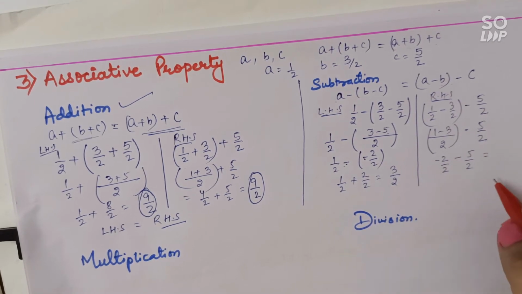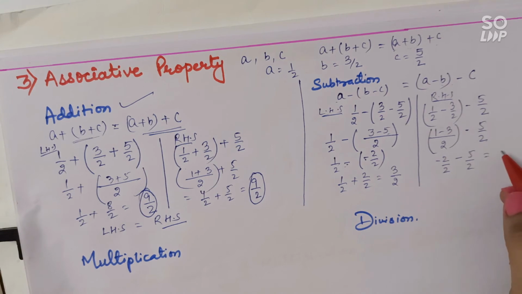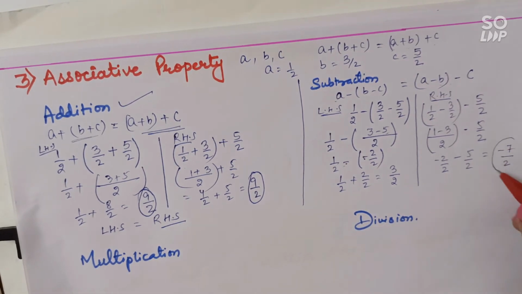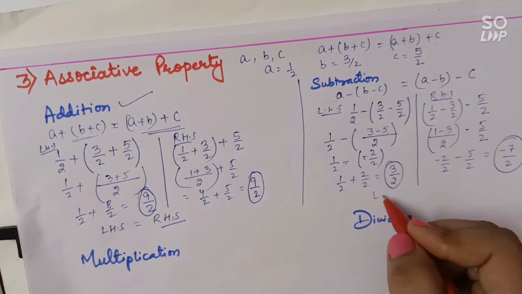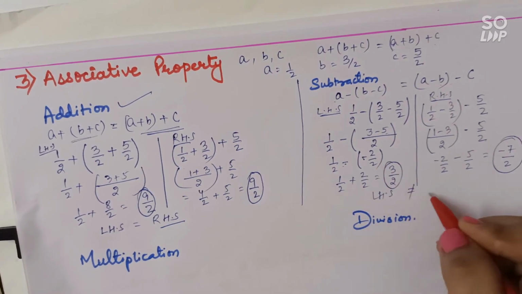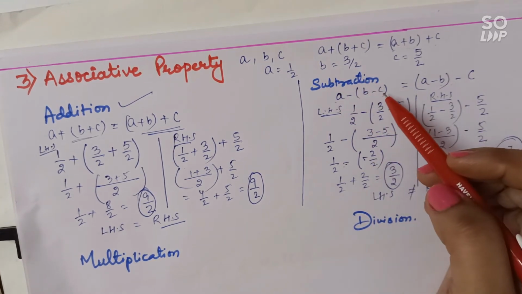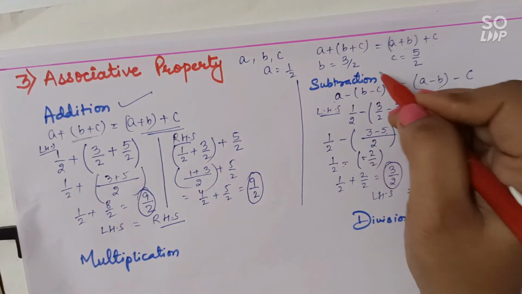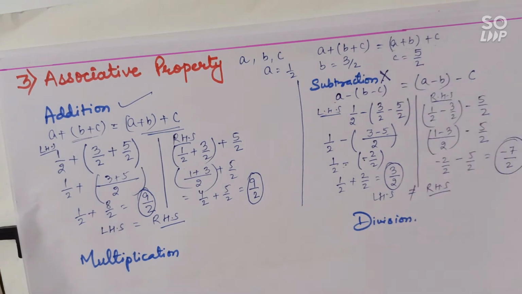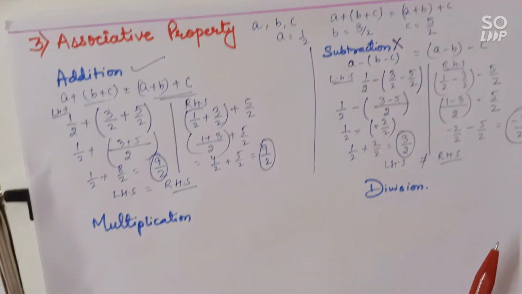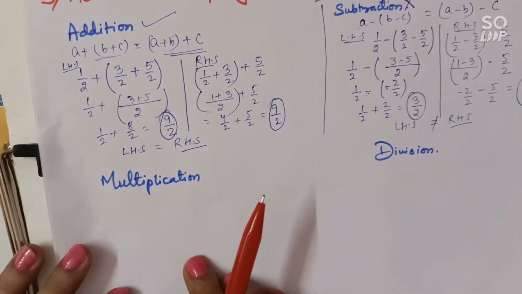So minus minus, the sign will be the same, so it will be minus 7 by 2. So we observed that the result is not the same. Here LHS is not equal to RHS. So does the associative property hold for subtraction? No, it doesn't hold for subtraction of rational numbers. It holds for addition of rational numbers.